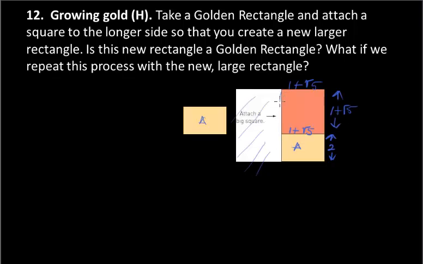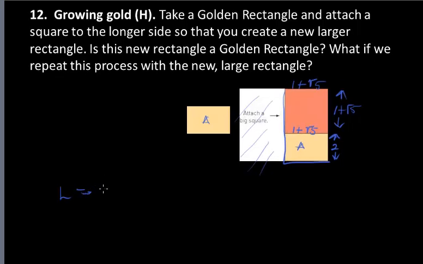Now, what we want to know is whether this rectangle here, A plus the square, is golden. So its length would be equal to 3 plus the square root of 5. And let's put it over its width, L over W. The width of the larger one there is 1 plus the square root of 5.